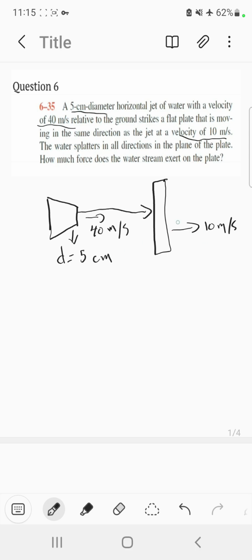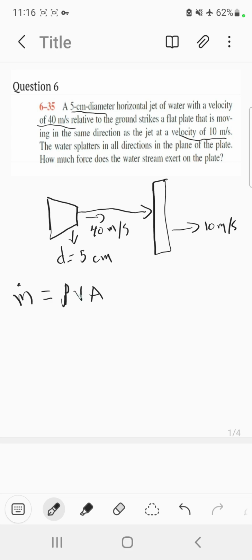So now, after we put all the information that we have, let's try to find how much force it needs. First of all, we need to get the mass flow rate. You know, the equation for the mass flow rate is density times V times area. So we know the density of the water is 1000.